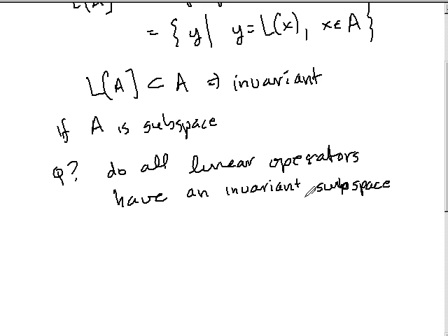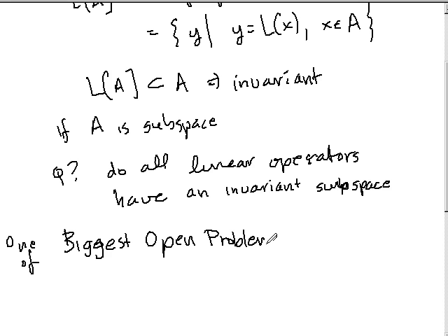So we have some experts in the department. This is probably one of the biggest open problems. You may not get $1 million for this, but you'd be world famous if you solved it.